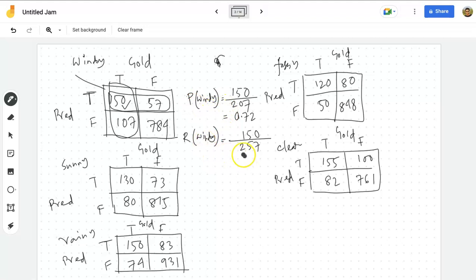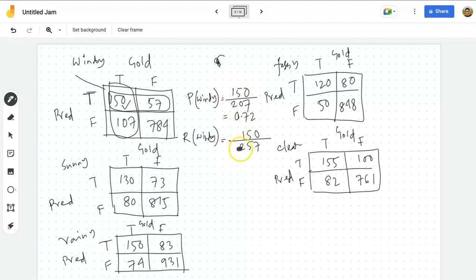For recall, it is the total number of times the goal class is actually windy. So there is a difference. For precision, the denominator is the total number of times you predicted windy, but for recall it is the total number of times the goal class is windy. This is the difference, but the numerator is the same for both.